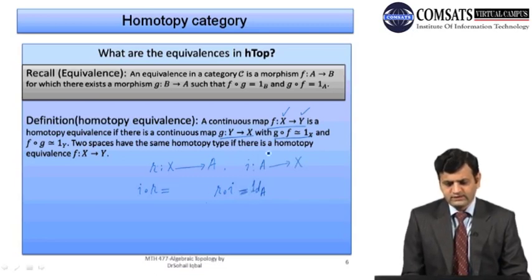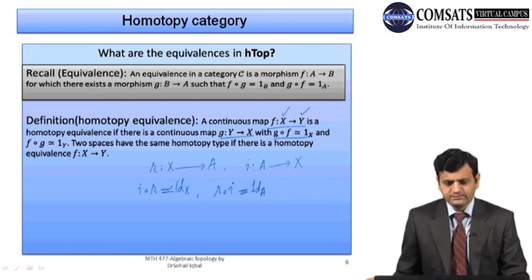So the first condition is satisfied. Secondly, using the definition of deformation retract, this is homotopic to the identity of X. With these two conditions, we can easily see that if a subspace A of X is a deformation retract of X, then X and A are homotopy equivalent.